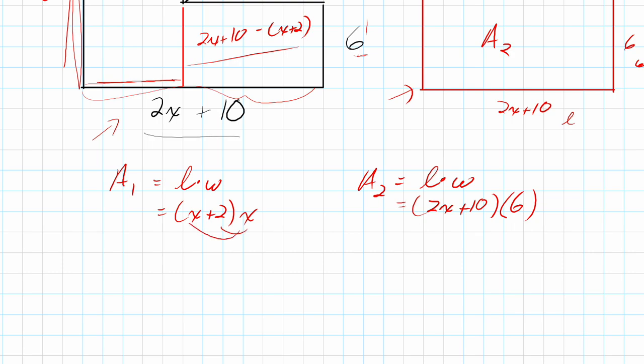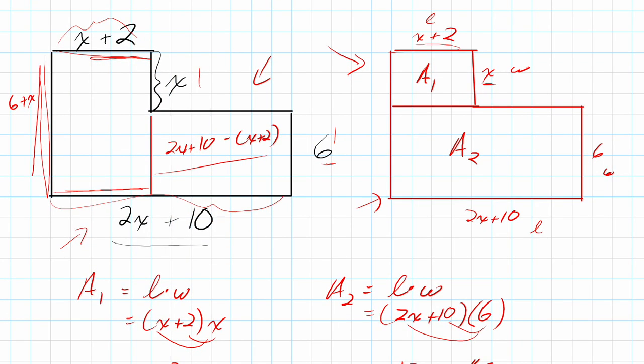This x needs to be multiplied by both of those, and this 6 needs to be multiplied by both of those. When we do it, we get x squared plus 2x, and we get 12x plus 60.